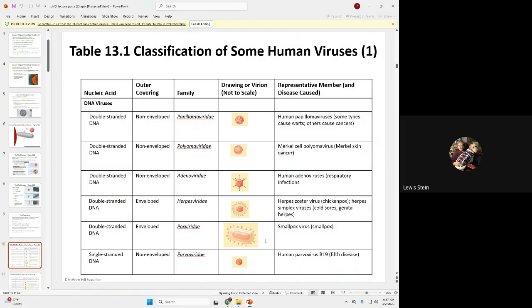Typically, I think the Latin name is erythema infectiosum. It presents a little bit like measles. We'll look at that among the skin diseases. Interestingly enough, statistically, more than 90% of us have been exposed to this when we were kids.